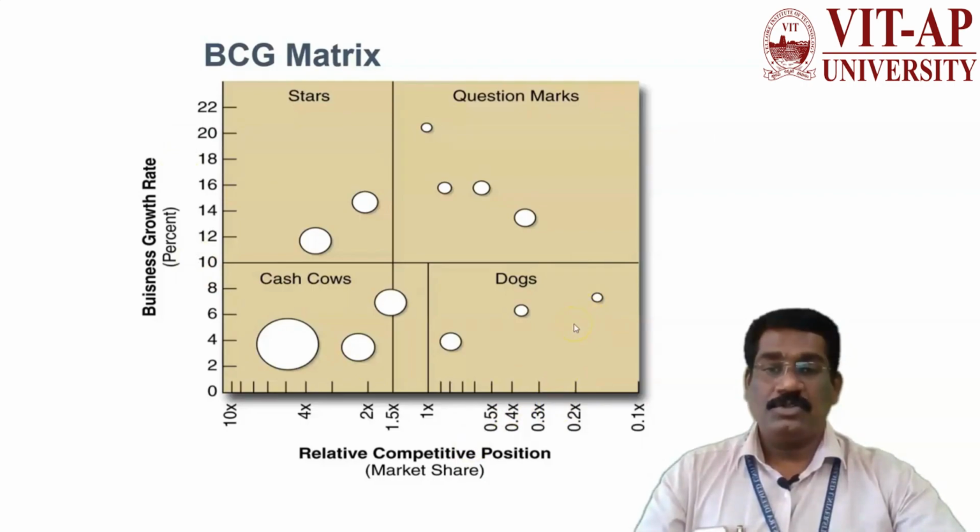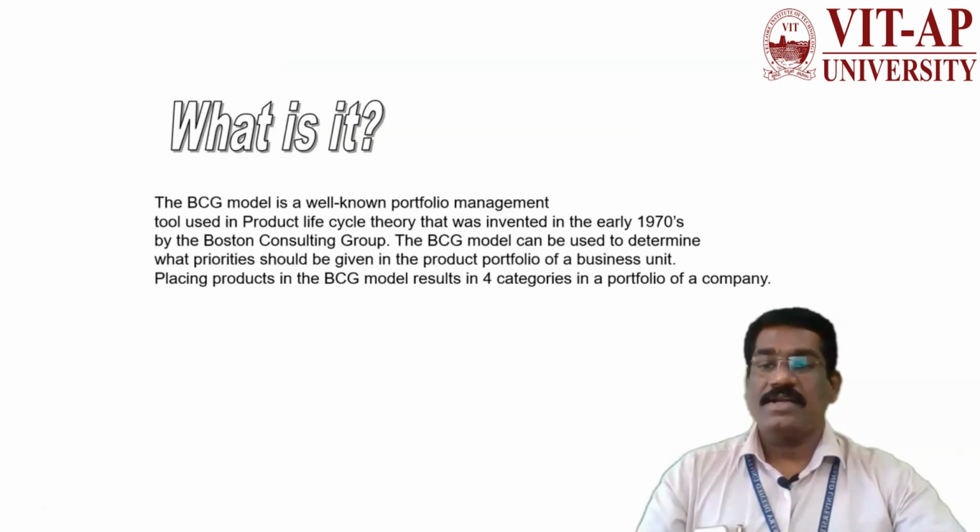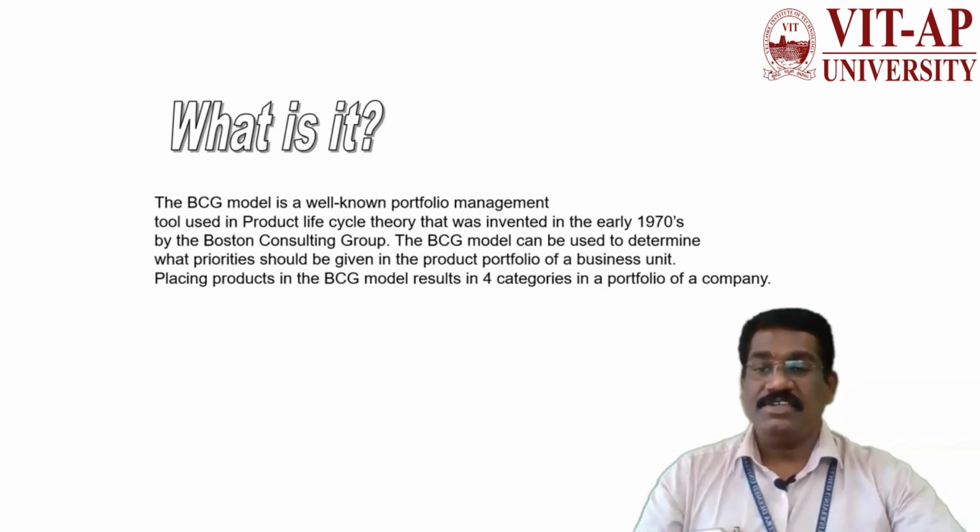So let us also look at the various strategies involved in the four quadrants, what we're supposed to do using this BCG matrix. The BCG model is a well-known portfolio management tool used in product life cycle theory that was invented in the early 1970s by a consulting group called Boston Consulting Group.